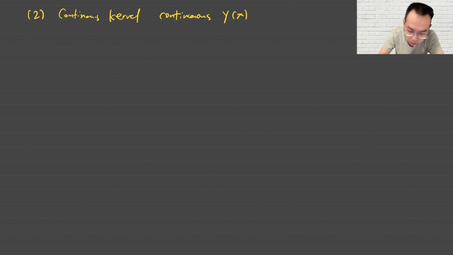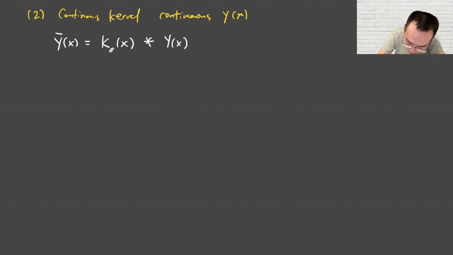Okay, so here the idea is very equivalent. We just replace the summation with an integral. So we'll have y bar of x equals k of x, let me just put a subscript sigma there, and we'll see that in a second, convolution with y of x.